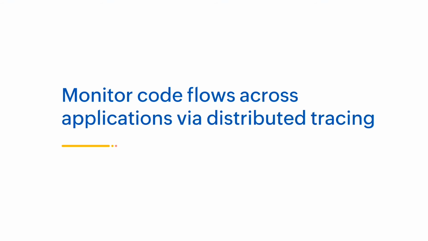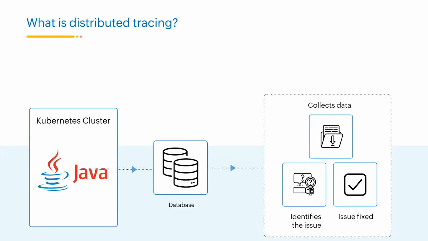Monitor code flow across applications via distributed tracing. In a microservice architecture, it is necessary to monitor a transaction made between two or more applications or services. In this case, with the help of a distributed tracing feature, you can track the transactions made between two or more applications, which is also called cross-application tracing.